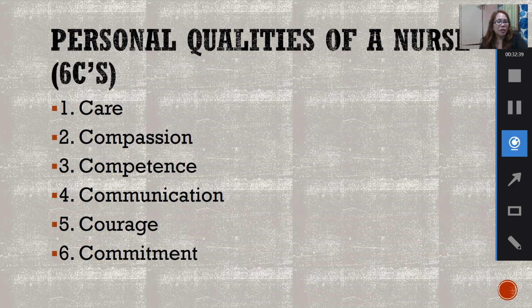As what we say and do, and essential for, of course, in making decisions, in communicating with your patient, communicating with your other health team member, especially to the doctors, to the doctor of your patient, to the laboratories, and so on and so forth.